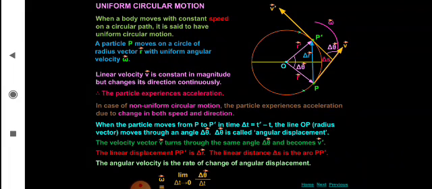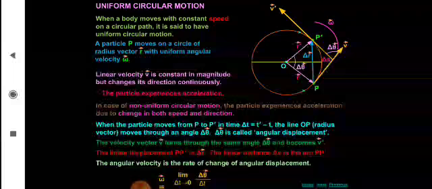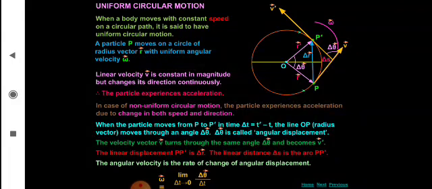When the particle moves from P to P dash in a time t to t dash, the line OP, that is the radius vector, moves through the angle vector delta theta. So vector delta theta is called angular displacement. The velocity vector v turns through the same angle vector delta theta and it becomes vector v dash. The linear displacement P to P dash is vector delta r.